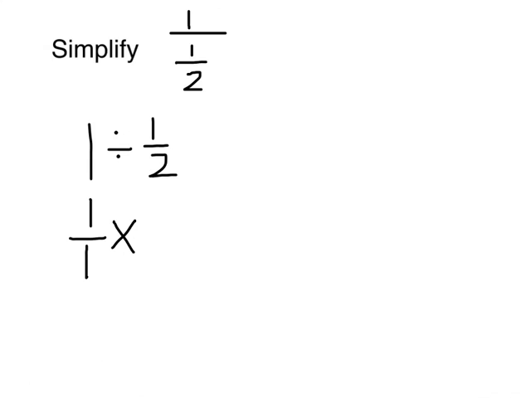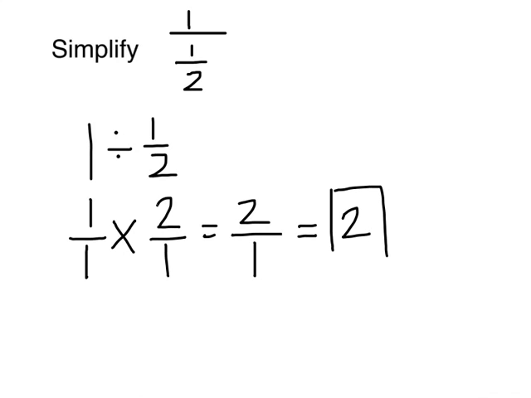Reciprocal of 1/2 is 2 over 1. And follow your multiplication rules. Numerator times numerator. 2 times 1 is 2. 1 times 1 is 1, and this is equal to whole number 2. So 1 over 1/2 simplified is 2.